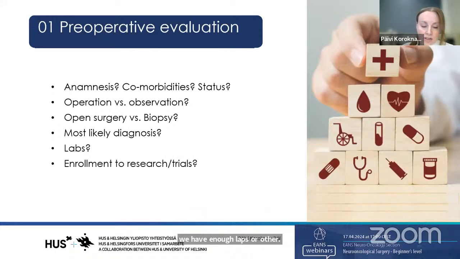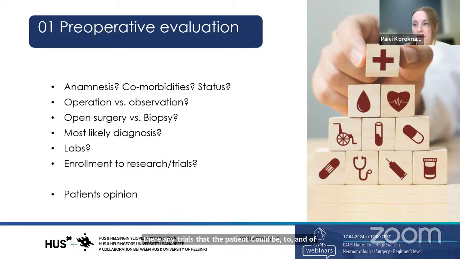And you should not forget, are there any trials that the patient could be eligible to? And of course, last but not least, really important question, what is the patient's own opinion about the treatment we have planned?